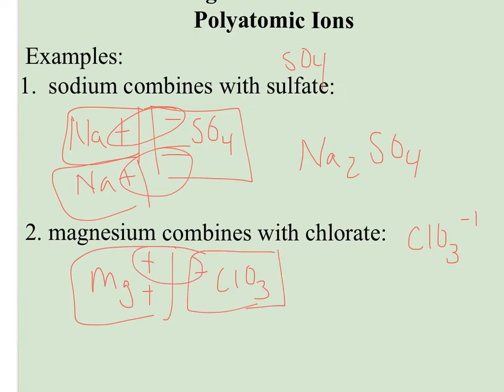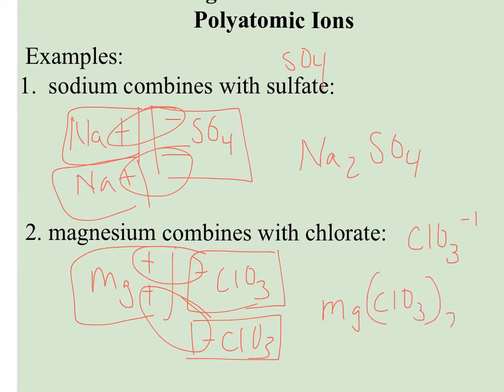So that's not going to be enough to get magnesium stable. I'm going to need to bring in a second chlorate to take that second electron. So now when I write this, I have to write Mg, then I write the ClO3, and now to show there's 2 of this whole thing, 2 chlorine, 6 oxygen total, I use the parentheses and a subscript of 2.